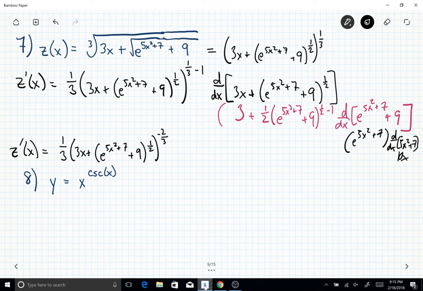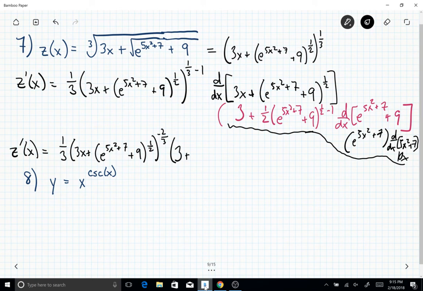Okay, and moving forward from there, we got to go to our next term, which the derivative started with this, and then it kind of went down and down and down, right? So we have 3 plus, and then notice we have 1/2 times e to the 5x squared plus 7 plus 9 raised to the negative 1/2 times, we had once again e to the 5x squared plus 7.